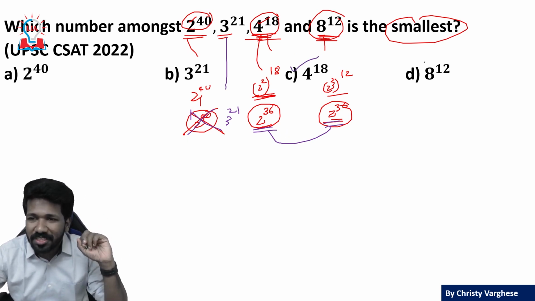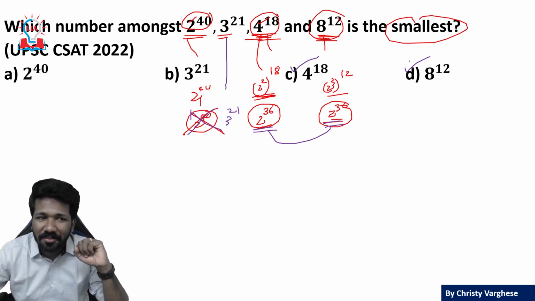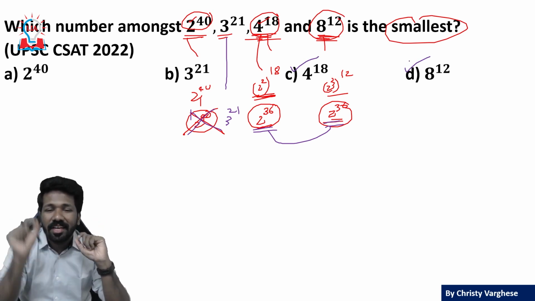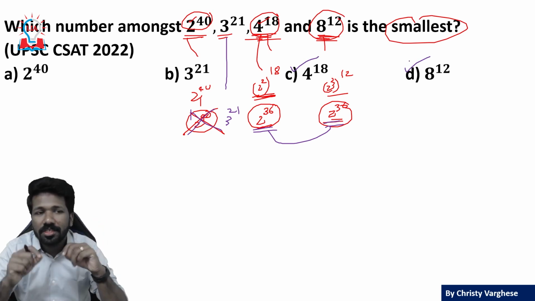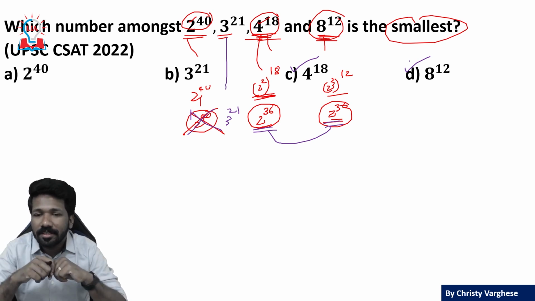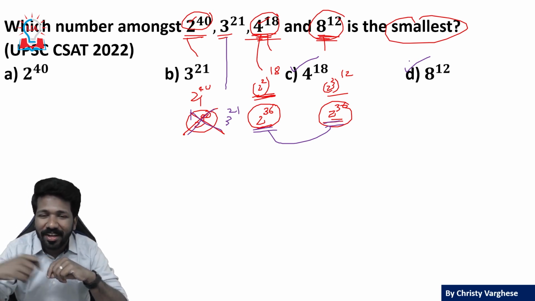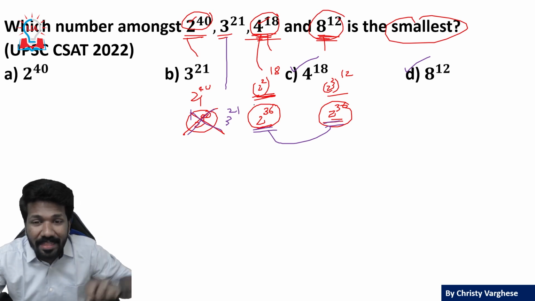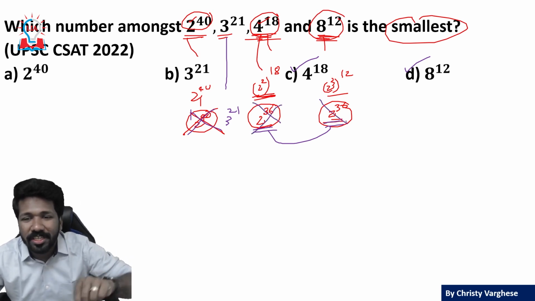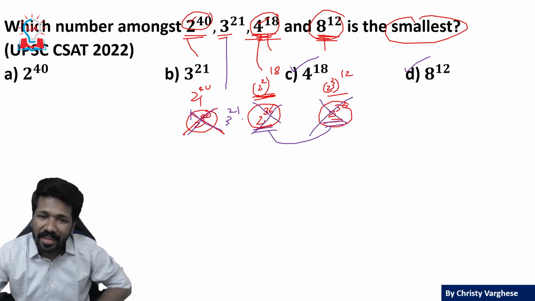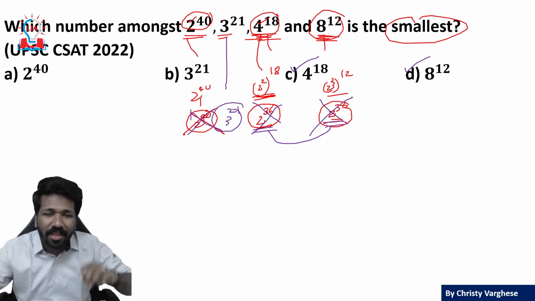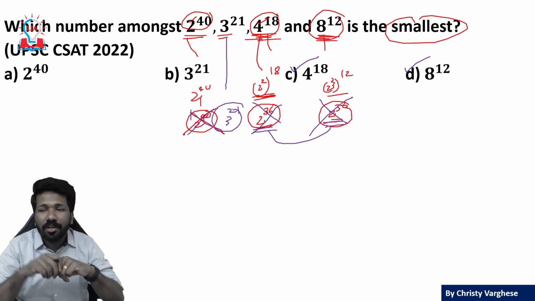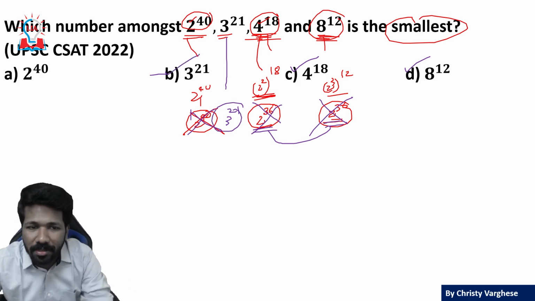That is, option C and option D both will be correct. UPSC clearly mentioned that there is only one correct answer for each CSAT question. That means getting 2 correct answers is not possible. By that logic, you can eliminate or reject these 2 options. And that confirms the only remaining option, 3 raised to 21, should be the smallest. So option B is the answer.